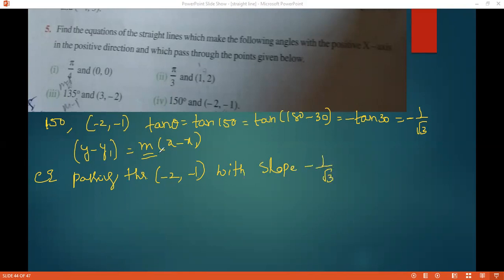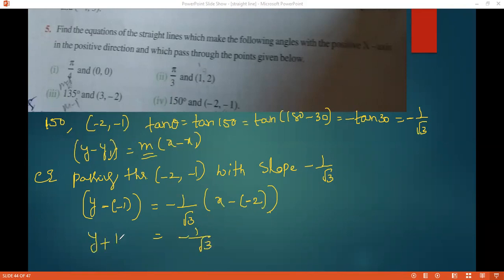In this formula you substitute y minus y1. y1 is minus 1, which is equal to the slope, minus 1 upon root 3, times x minus x1. x1 is minus 2. Then what do you get? Minus 1 upon root 3, this is y plus 1, times x plus 2.